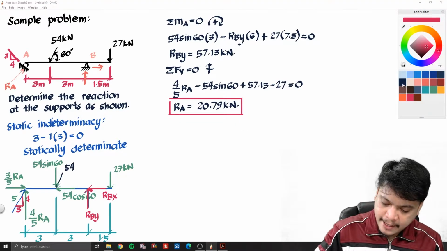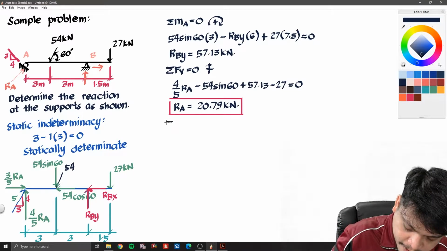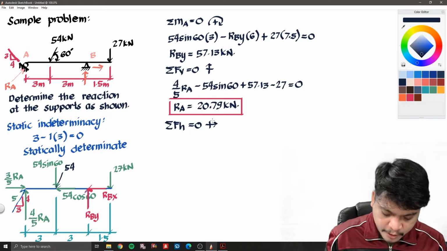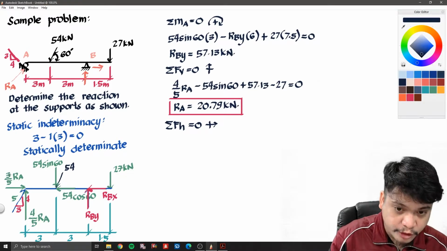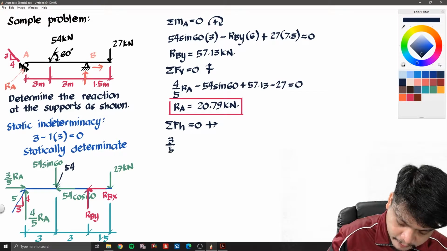Okay, and the next, kung meron na akong RA, meron na akong RBX, dito na ako pwedeng mag-summation forces horizontal equal to 0. So, we will be having here positive to the right. So, we will be having here the horizontal component of RA. So, that is 3 all over 5 of RA. So, that is 20.79.